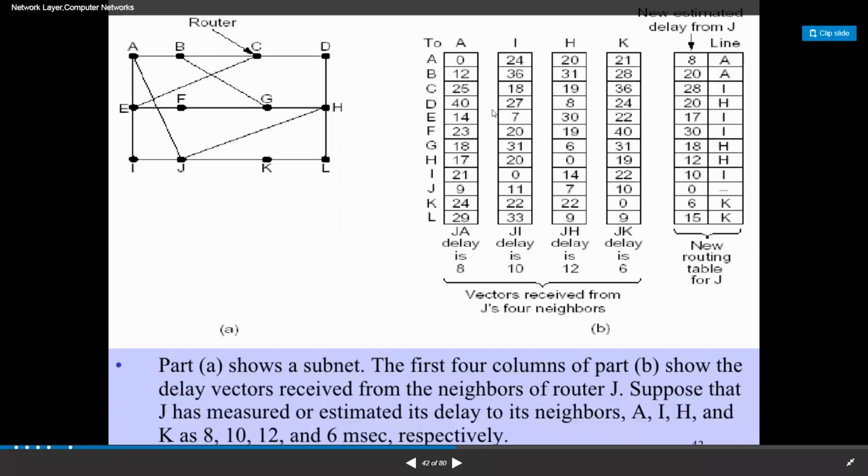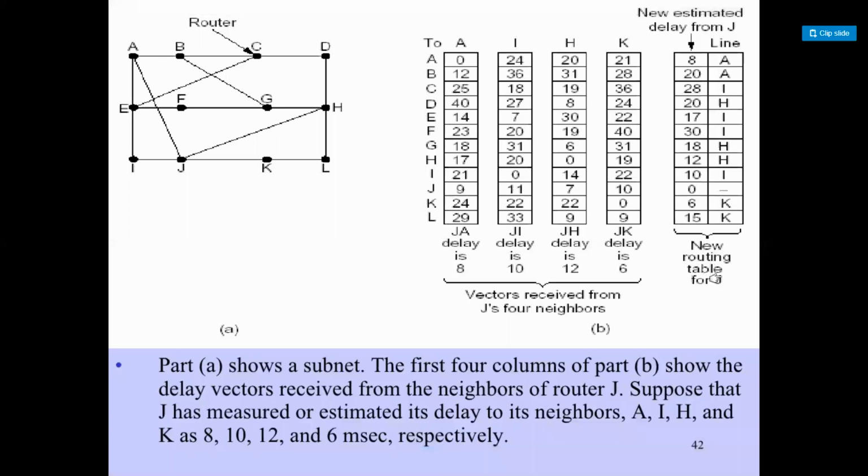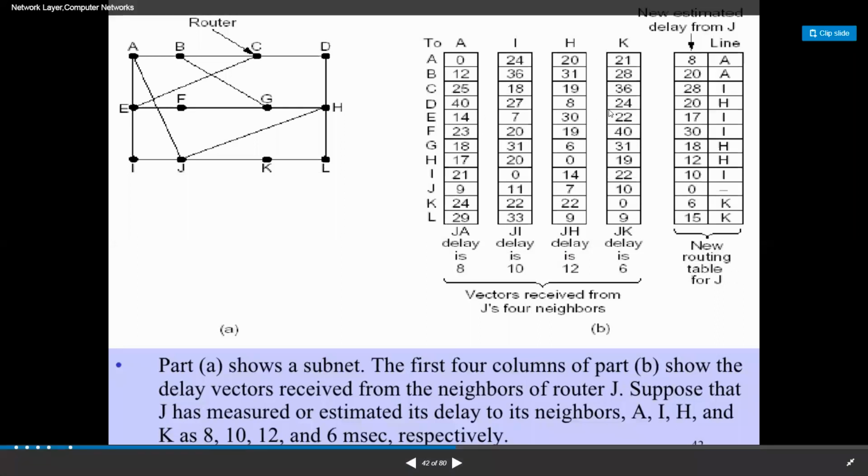These are the weights. From these four tables, A, I, H, K, we need to derive the new routing table for J.